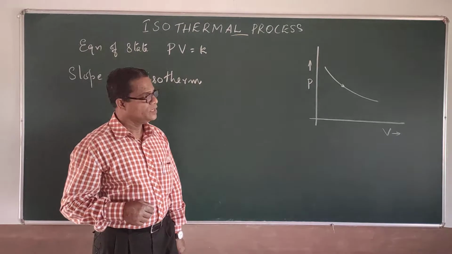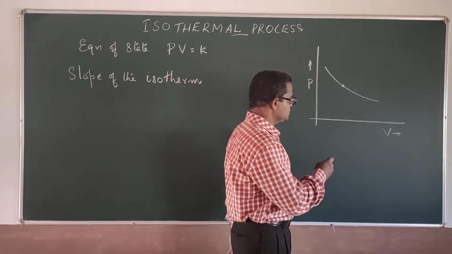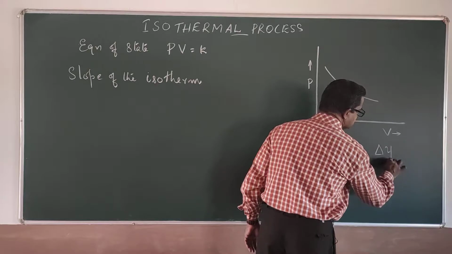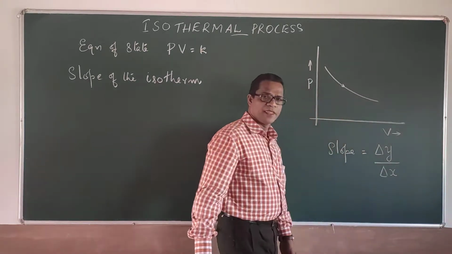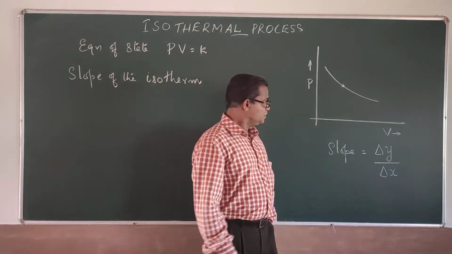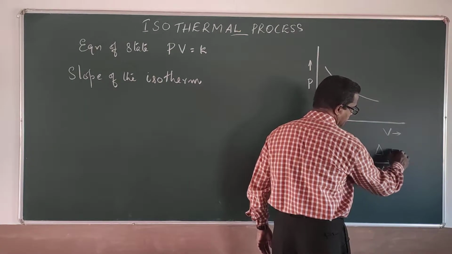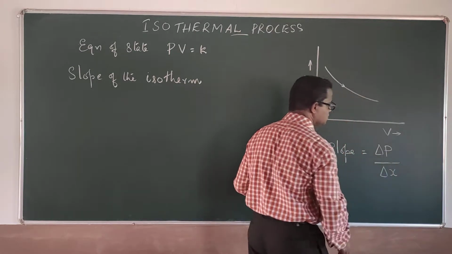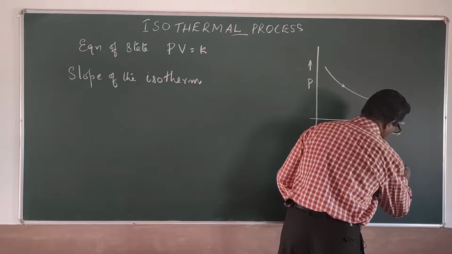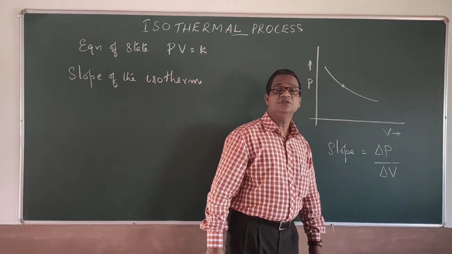The slope is equal to change along the y-axis divided by change along the x-axis. The y-axis has pressure, so change in pressure, and the x-axis has volume. So the slope of this graph is equal to change in pressure divided by change in volume, delta P by delta V.